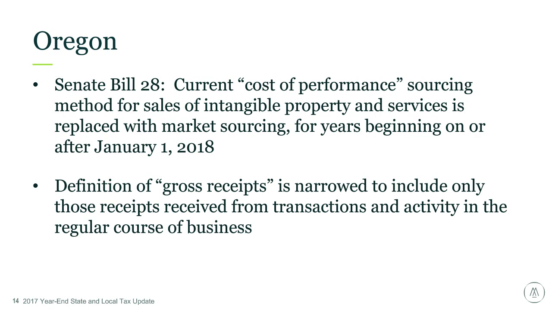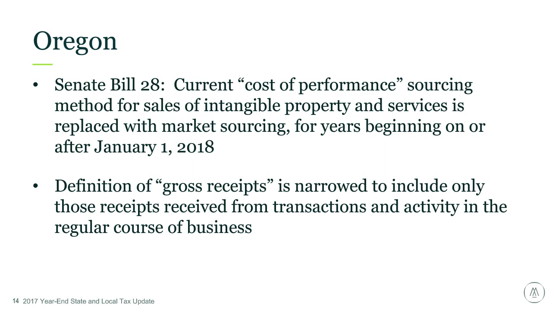In addition, Oregon is going to narrow its definition of sales for purposes of determining the sales factor. Previously, the term sales included all of a taxpayer's gross receipts that contributed to the production of business income, a very broad definition.